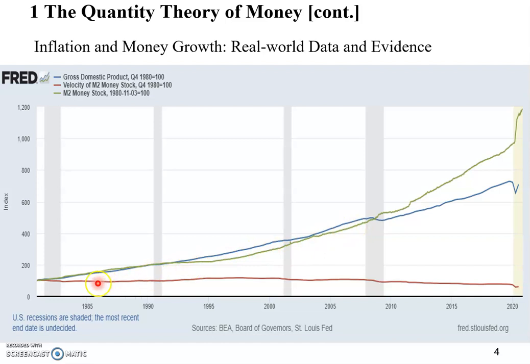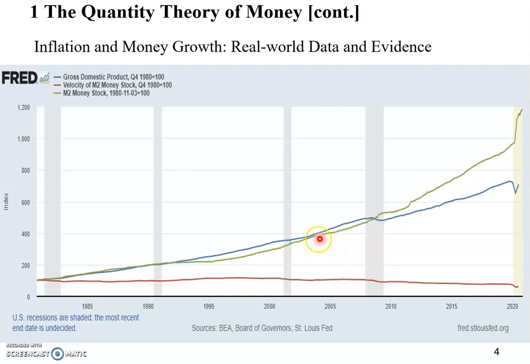And at the bottom, you find that the red curve, which is the velocity, is quite stable over these decades. So it looks like it's pretty much in favor of the quantity equation of money, especially the assumption that the velocity of money is constant.